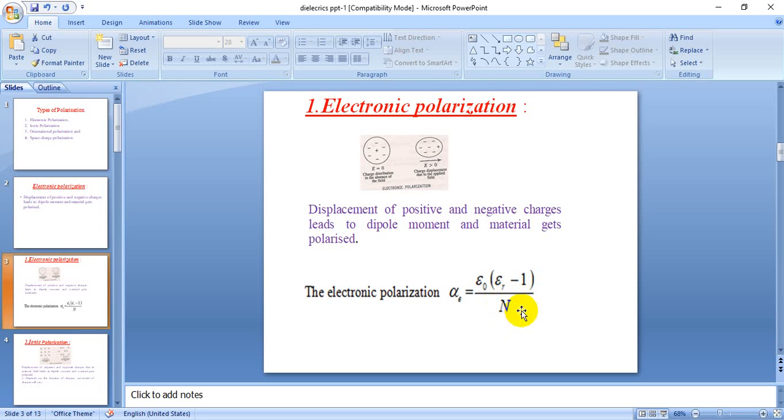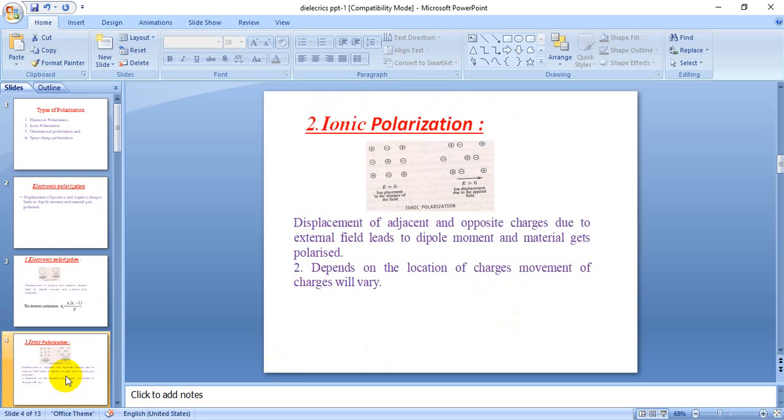Next, the second type of polarization is ionic polarization. This is similar, but compared to electronic polarization, here there are adjacent and opposite charges due to the external field: positive charge, negative charge, positive charge, like that.